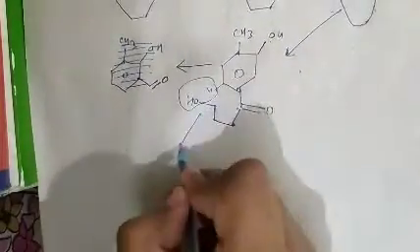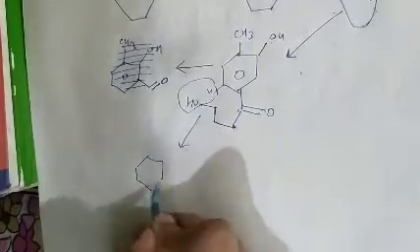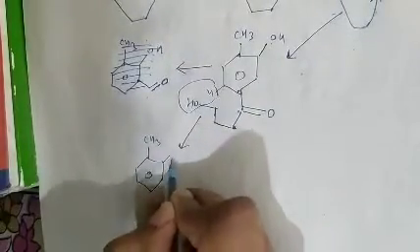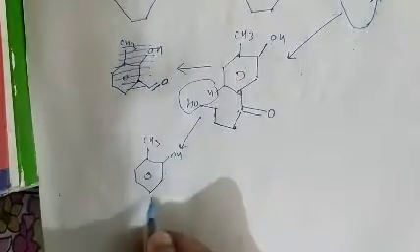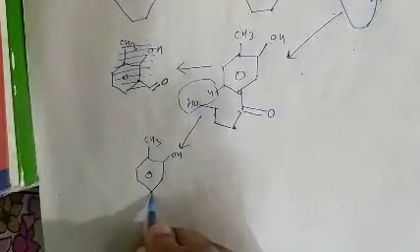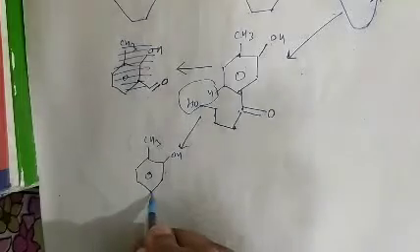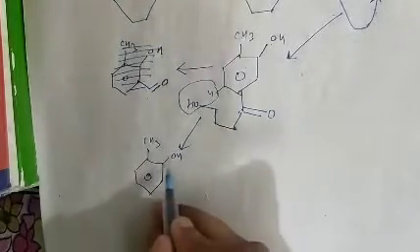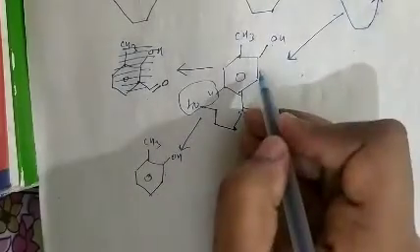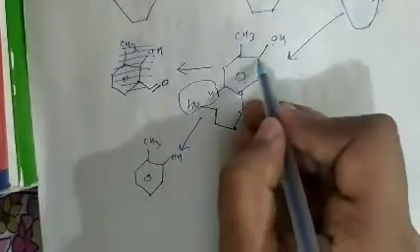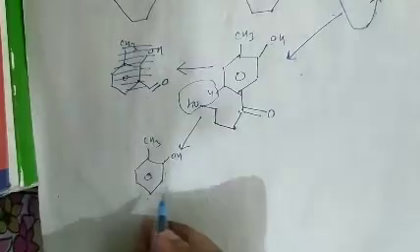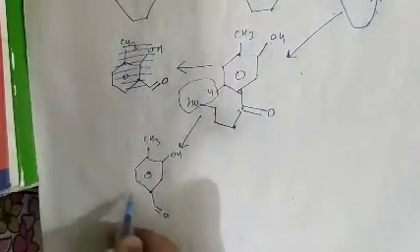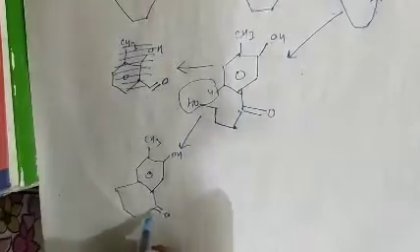So the ring of the 6-member compound is formed, with CH3 and OH. With respect to OH, counting 1, 2, 3, on the third position there is a ketonic group and a 6-member ring is formed.